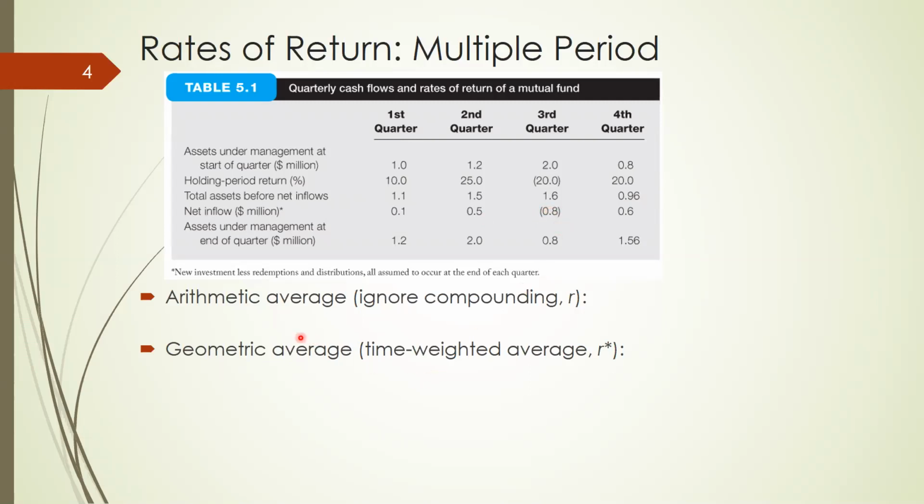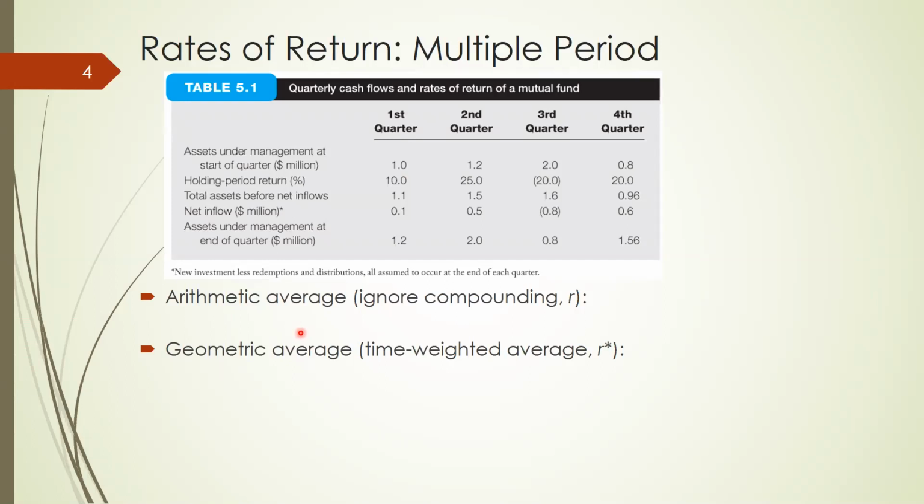To calculate the average return for this mutual fund, we can follow 3 different methods. We will focus on the first 2, arithmetic and geometric. Then we will quickly introduce the third one, which is internal rate of return. Arithmetic average return ignores compounding. It refers to the simple arithmetic average of the quarterly returns here.